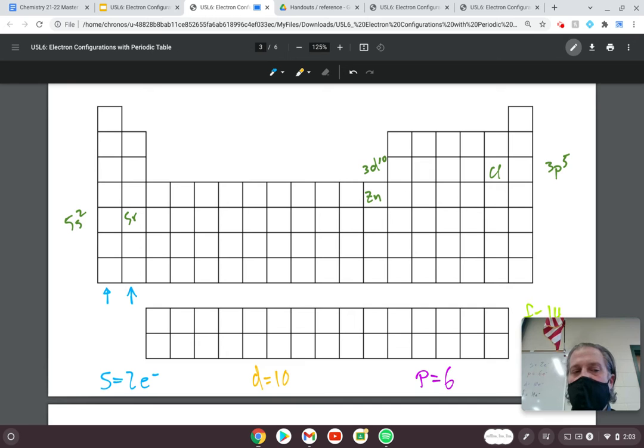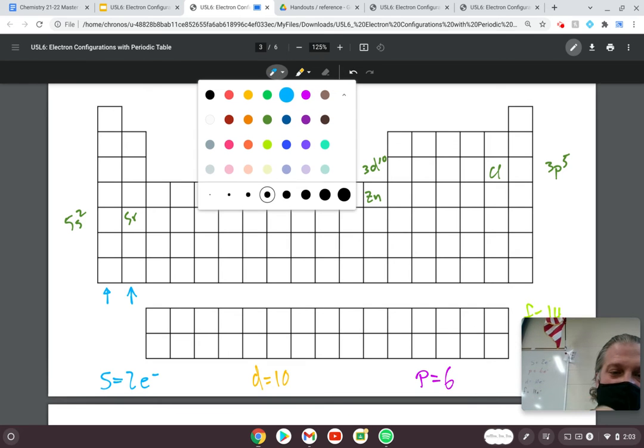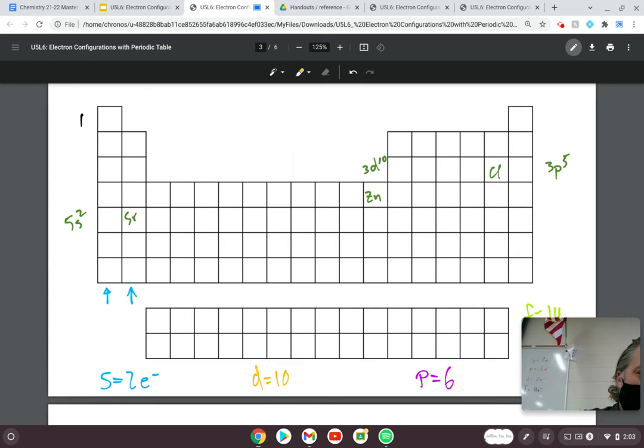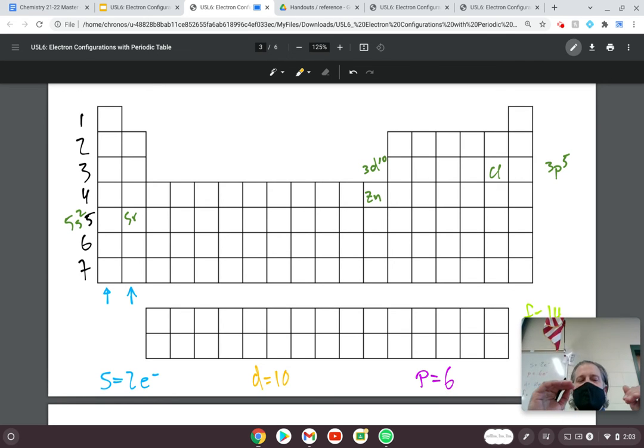How I know what that's going to be is based on this knowledge here. Does anybody happen to remember how many energy levels I said could potentially exist around the nucleus of an atom? The answer is 7. This periodic table happens to have 7 rows.